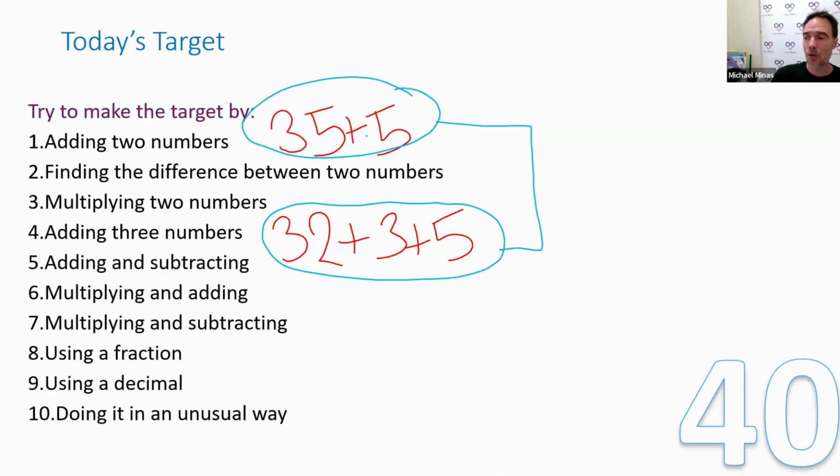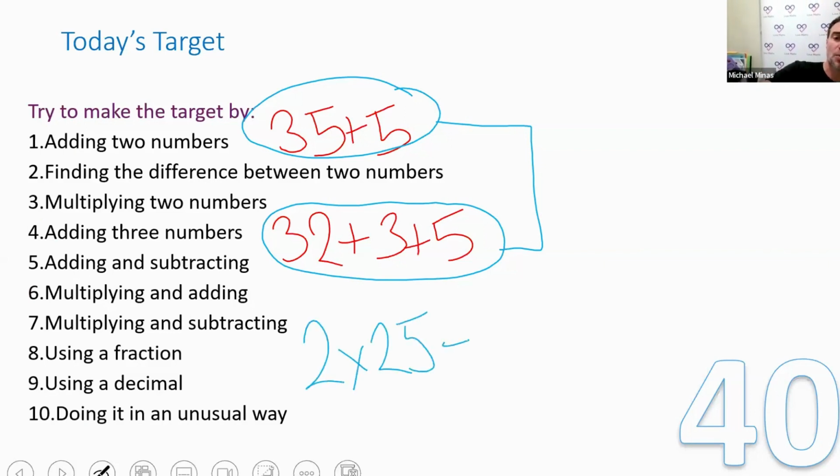The idea of that type of conversation is that we are trying to move kids towards more sophisticated operations. So the kids who are just giving you 20 plus 20 is 40, we want to get them to see how they can work with more. So, multiplying and subtracting, you might get a kid who says, 2 times 25, take away 10.